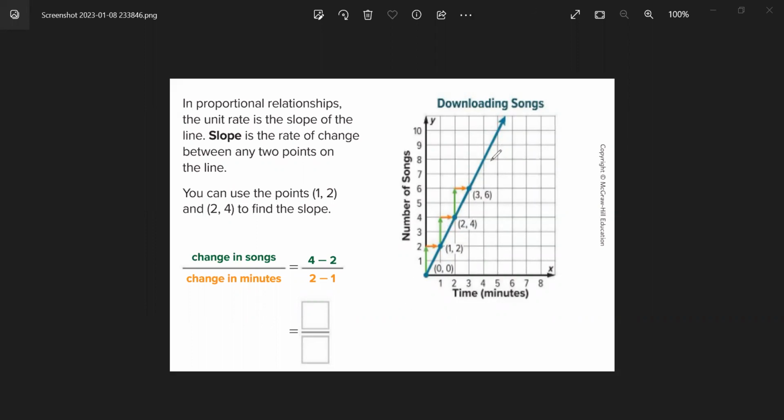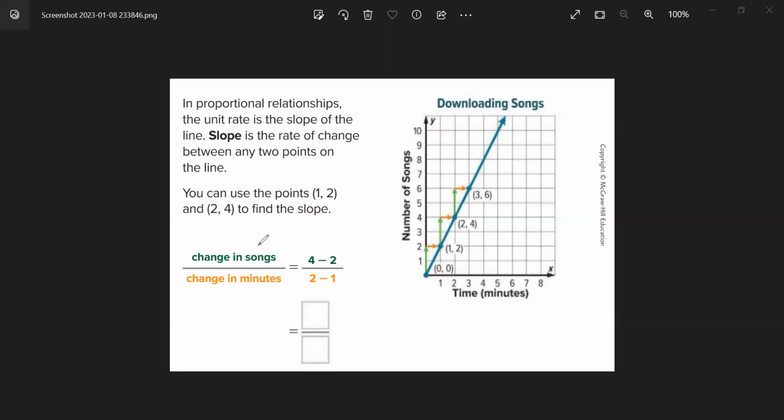The slope is like the inclination, la inclinación de una línea. So how can we get it? We need to get any point in this line. We'll have to get 2 points to find the difference, the relationship or the change between these points.